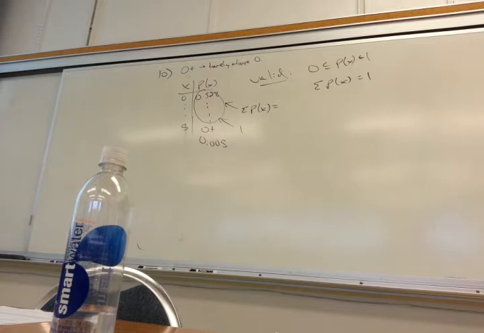Okay, so to do this problem, you get into your lists. This is one way to do it. This is the way I would do it. And then you put in there your x's: 0, 1, 2, 3, 4, 5. You put in there your probabilities. We're just taking this all from number 10.